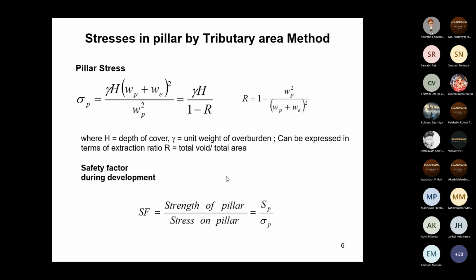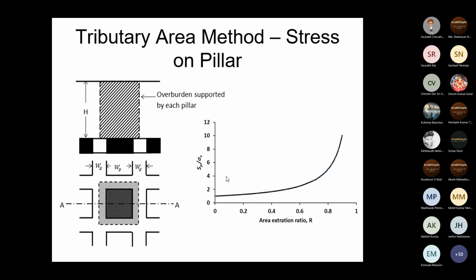So in this figure, if you see, the weight which is coming on this pillar is the weight of the overlying material. So this overlying material weight is very simple. The weight is WP plus WG, the whole square.